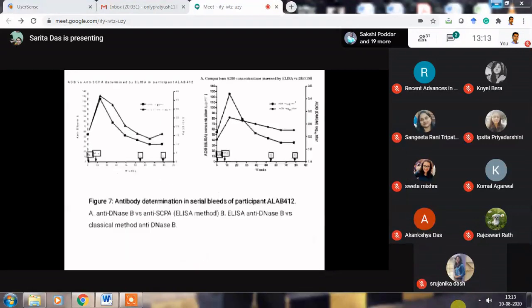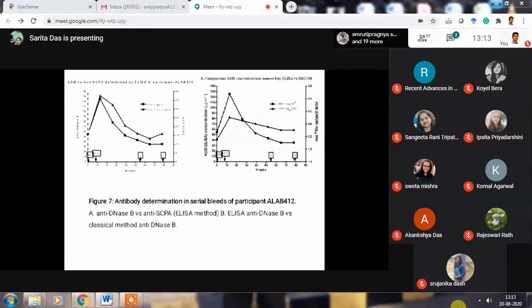Next, this is from another study where school-going children from age 6 to 14 were enrolled, and for up to 100 or more weeks they were screened, and their levels in different weeks for this antibody, anti-DNase B, were estimated, which means serial bleeds, we can say.